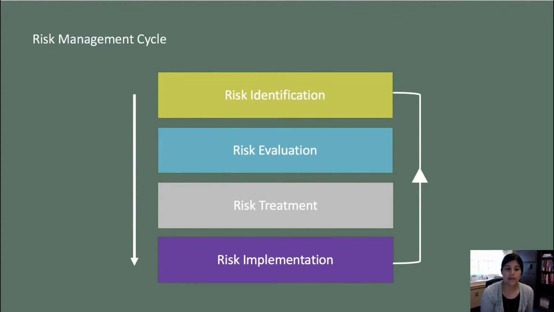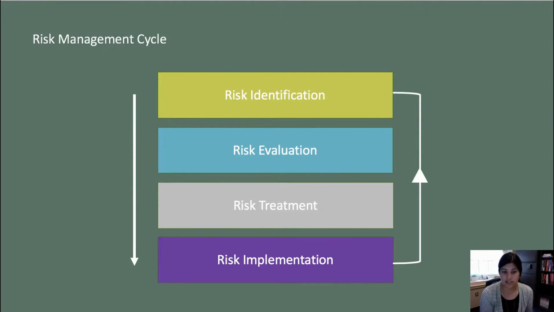But ultimately, this risk management process or cycle is something that is circular, right? You can see in the model here that all risk management starts with this process of identifying risks. From there, there's a level of evaluation that occurs of those risks, and then specific treatment methods are determined. From there, actual action is taken.